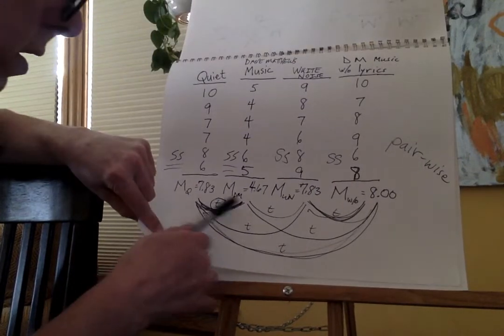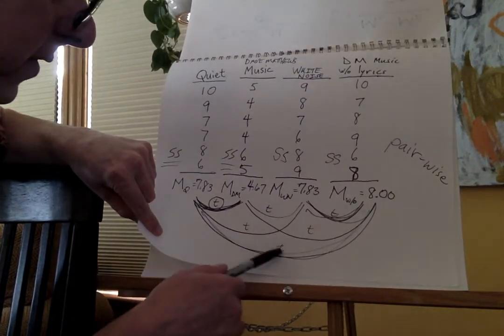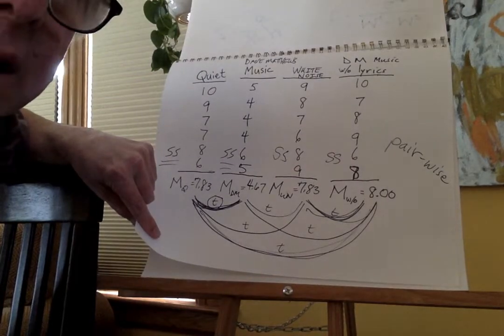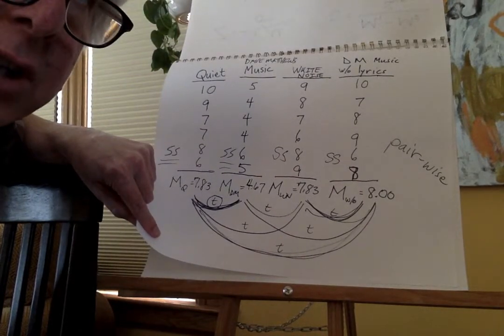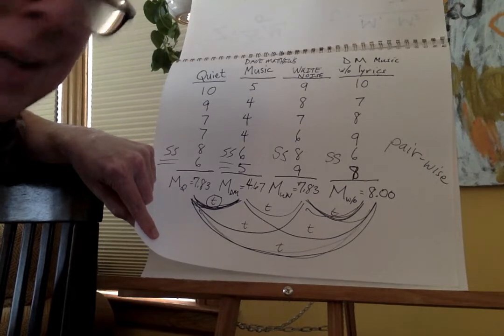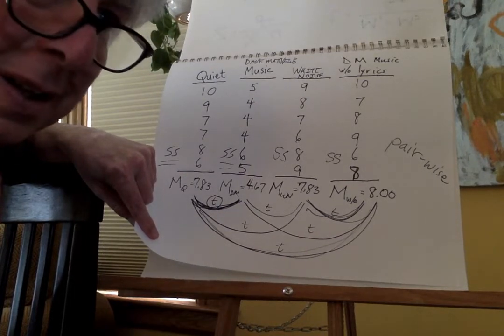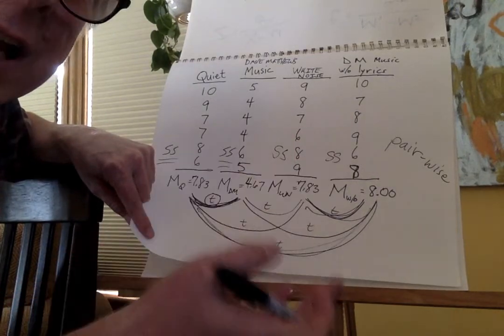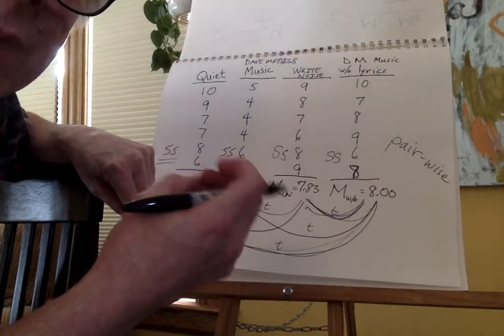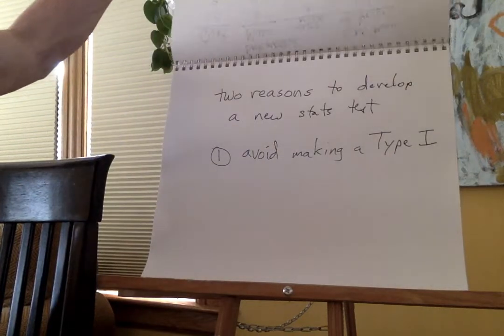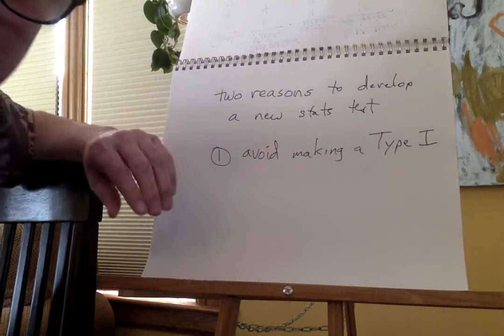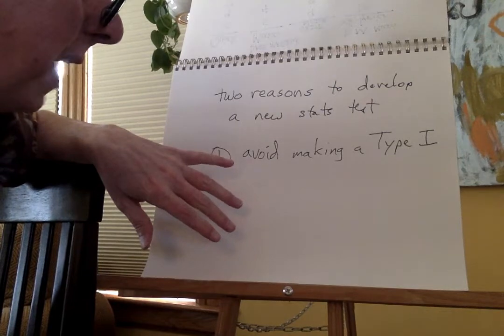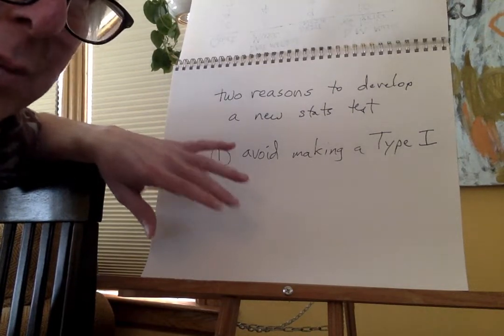If I do 1, 2, 3, 4, 5, 6 different t-tests, and each time I have a 5% chance of making an error, after I get done with 6 tests, I've inflated my error. I've inflated the chances I'm going to make a type 1 error. So I want to avoid that inflation of making a type 1 error.